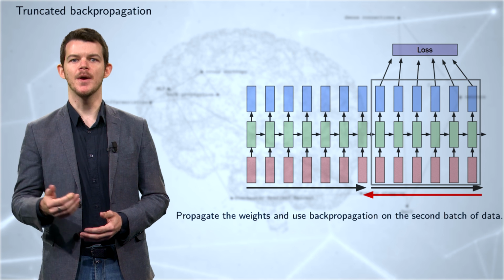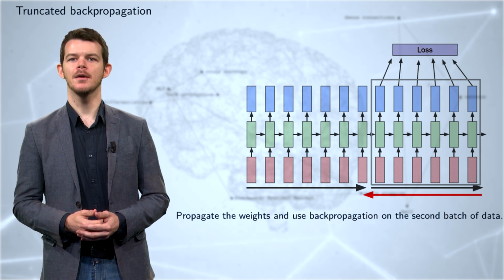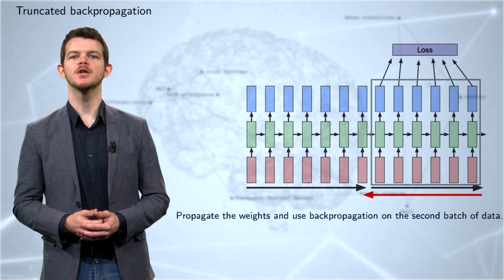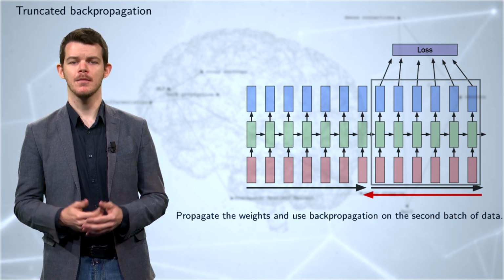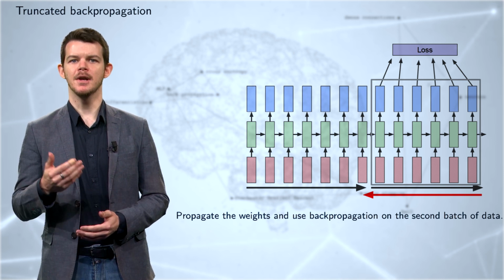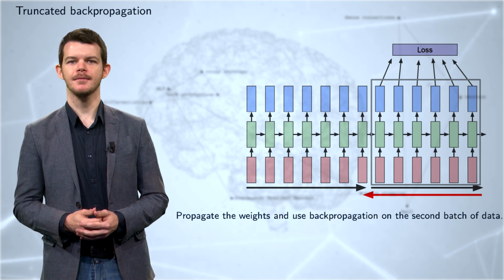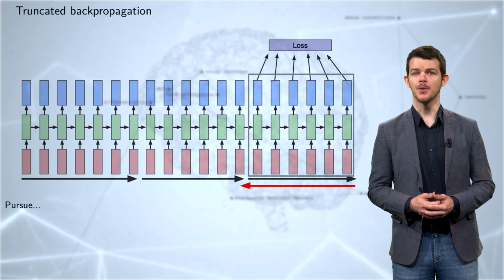You can then average the loss only along these 6 predictions. Then you are going to backpropagate the gradient of this loss, but only along the last 6 steps of the network, the red arrow. This will give you a gradient that you can use to update the weights. You can then repeat the process.